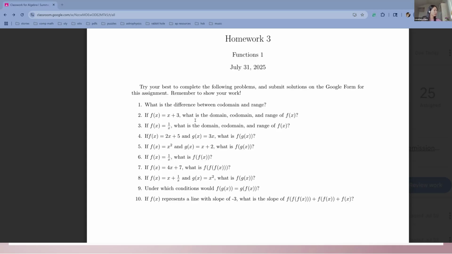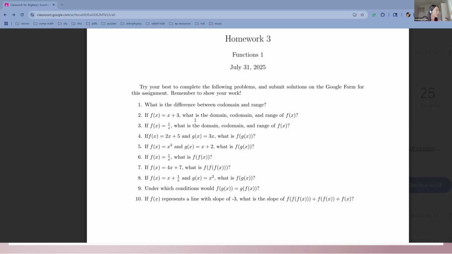Okay. What about question 2? I can explain it if no one wants to. So the domain is all real numbers, right? And the codomain would also be all real numbers.